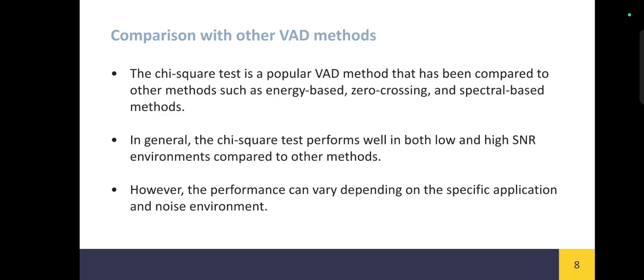In general, the chi-square test performs well in both low and high SNR environments compared to other methods. However, the performance can vary depending on the specific application and noise environment.